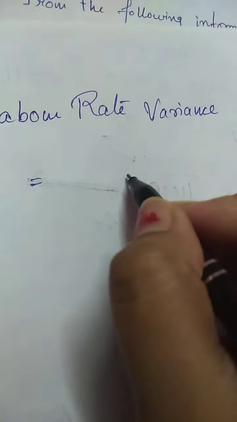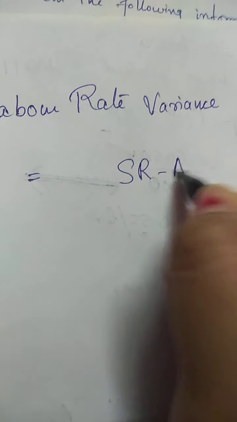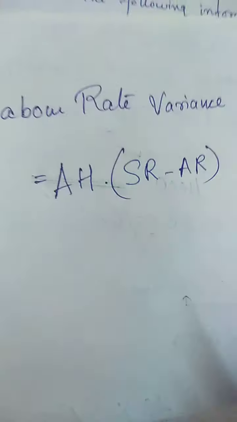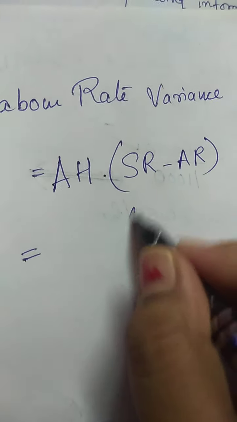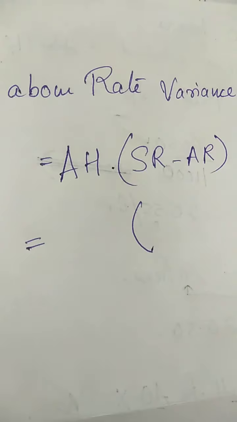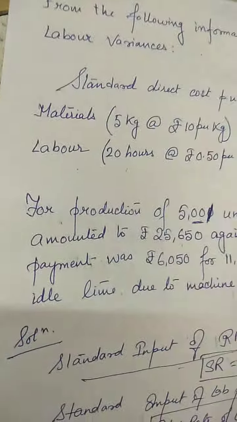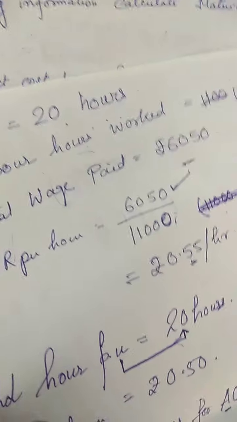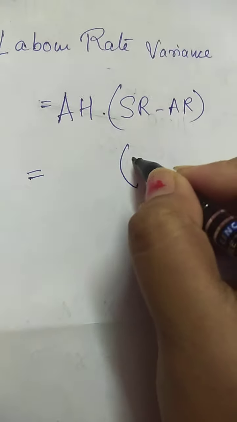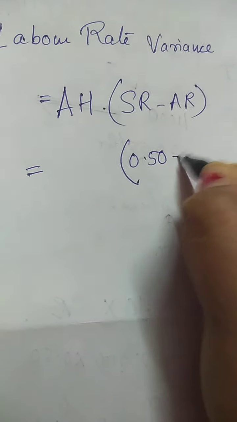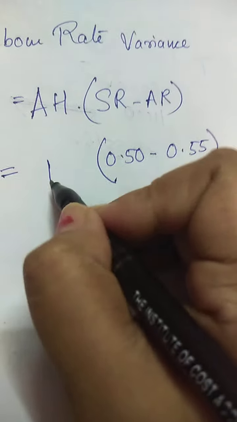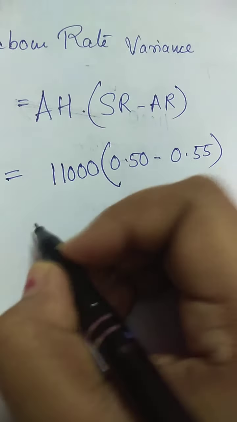Labor rate variance formula is (standard rate minus actual rate) multiplied by AH, actual hours. Standard rate, do you remember the standard rate? Standard rate was 50 paise per hour and actual rate was 55 paise per hour. So 50 paise minus 55 paise, multiplied by actual hours worked, that is 11,000.